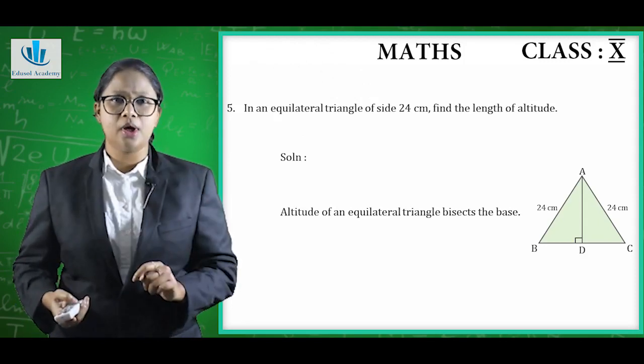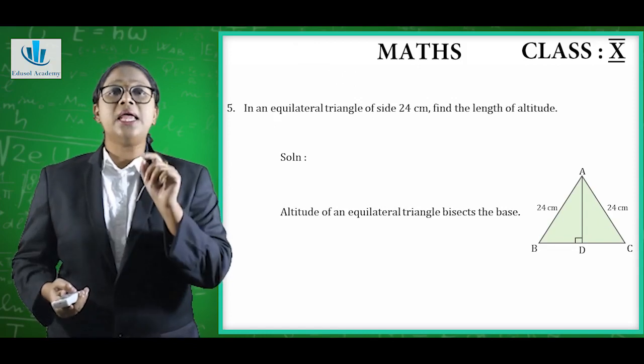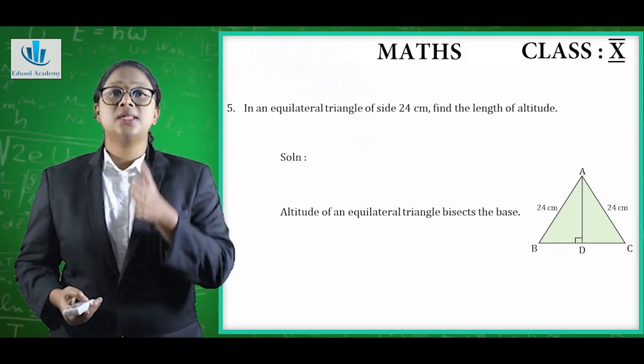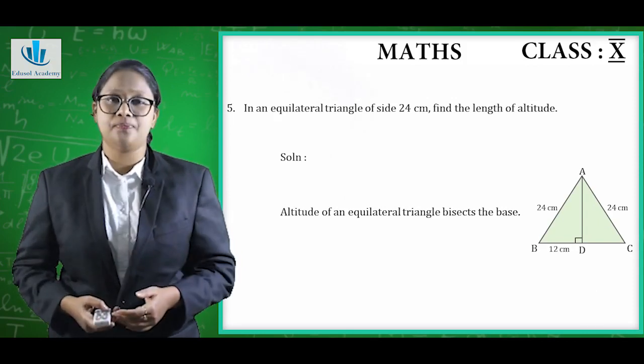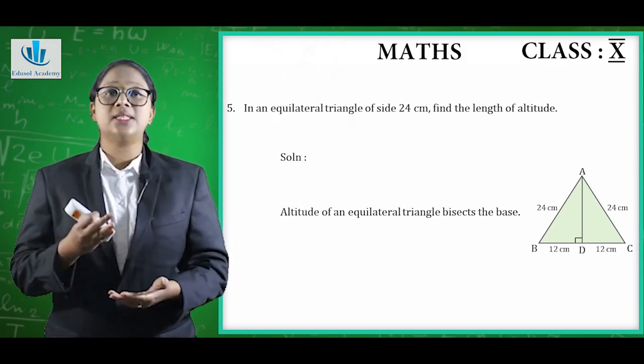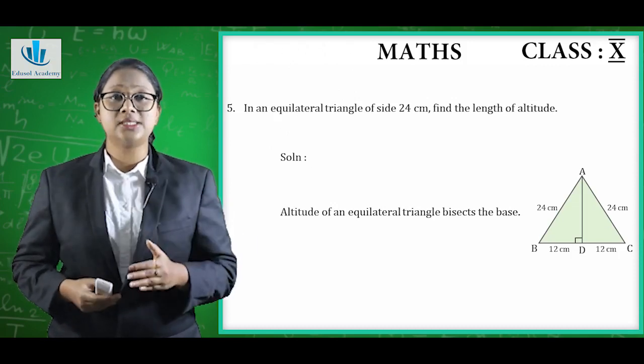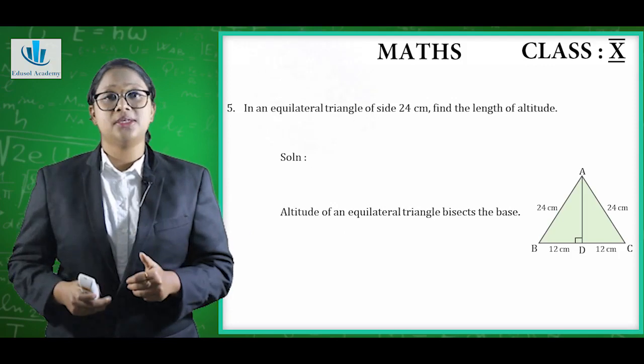We have to remember an important point. In an equilateral triangle, the altitude and the median are one and the same. So altitude means the line that is perpendicular to the base, and median means the line that bisects the base.